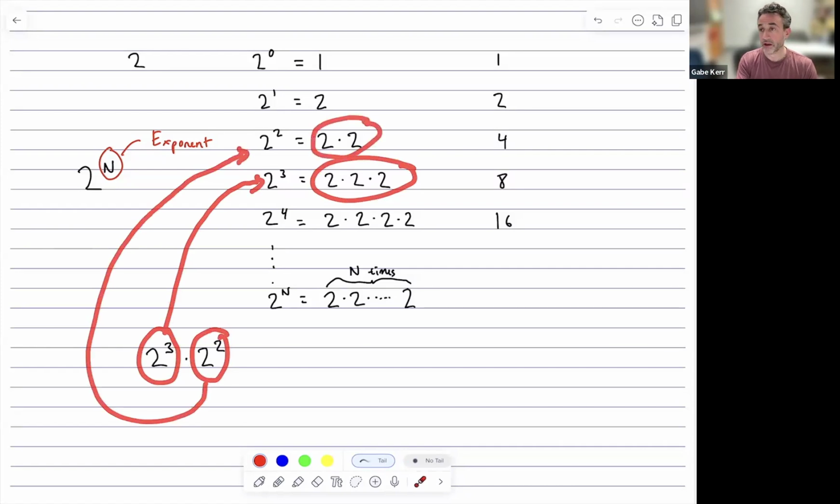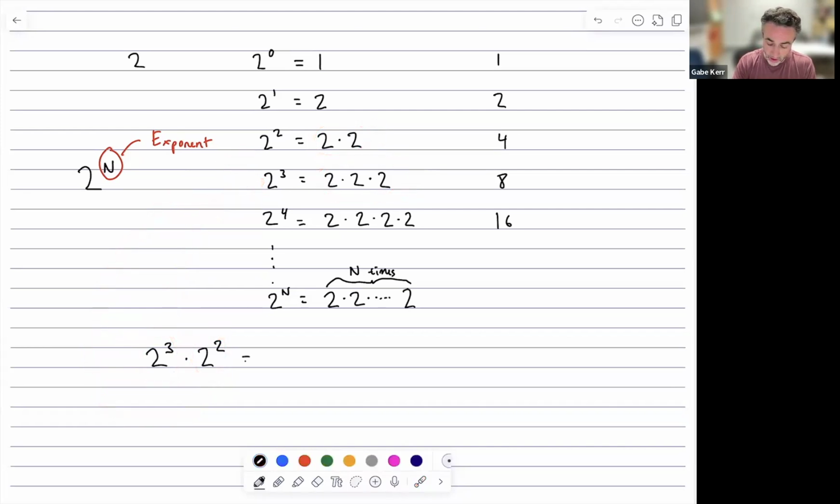So we're multiplying 3 factors of 2 times 2 factors of 2. The total number of factors is going to be 3 plus 2, 5. So the exponents in this case will add. This is going to be 2 to the 5th.